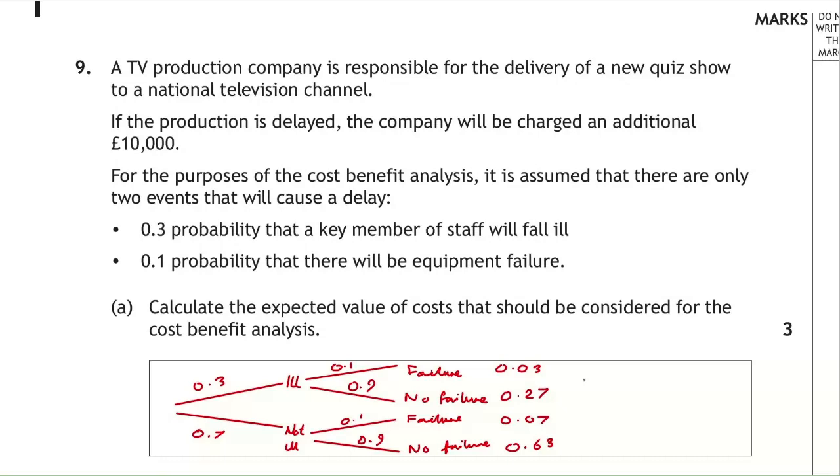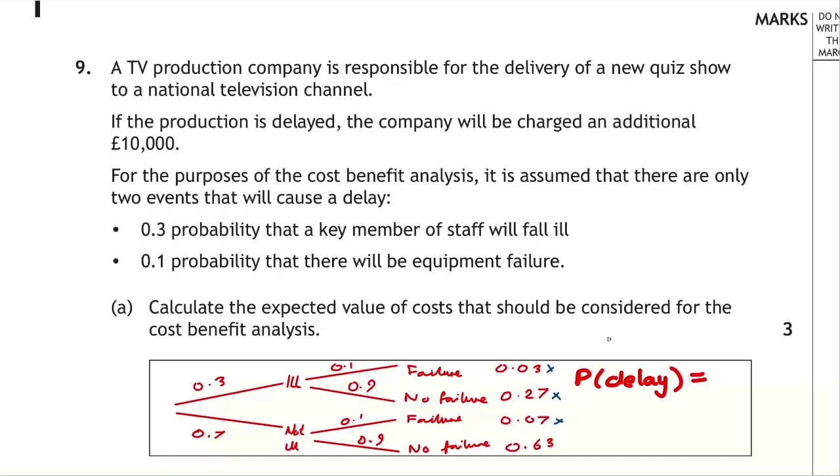Now what we want to do is work out the probability of an equipment failure or a member of staff falling ill, and that's the only way that they get a delay. So we need to see which ones we need to add up. We need to add up those three because the first one, the ill and the failure, both of those mean there's a delay.